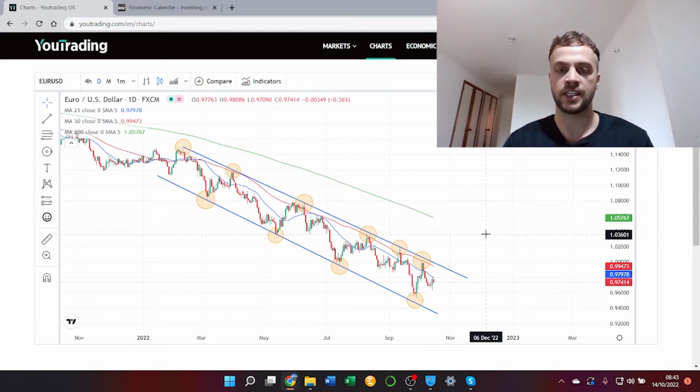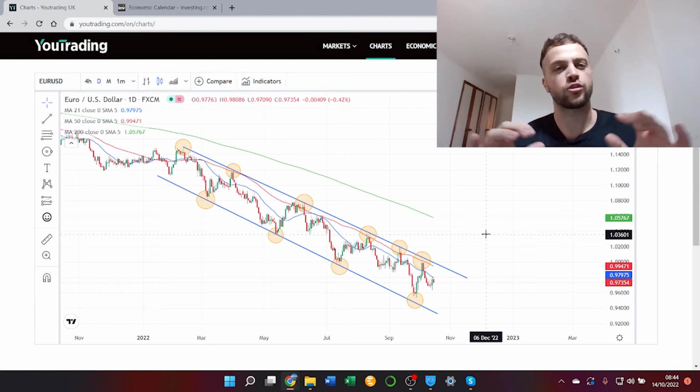The Fed's more hawkish than the ECB, even though the ECB has shifted in a significantly hawkish direction in recent months. We're still talking about interest rates in the US going much higher than in the eurozone, and that is because of the economic backdrop in the US, which is hotter or stronger.